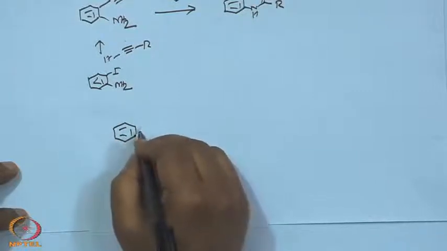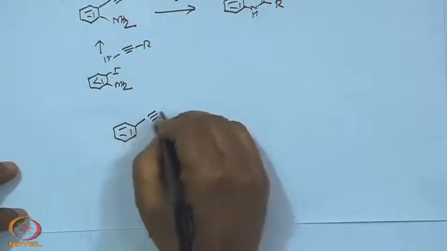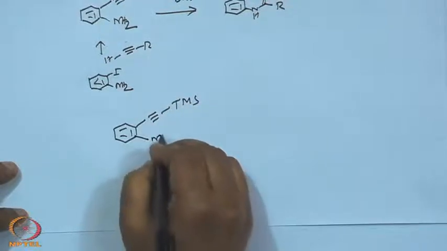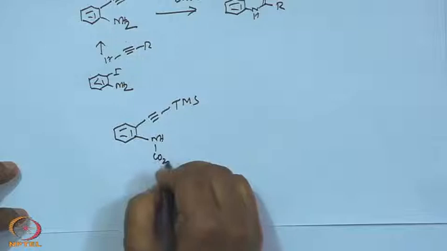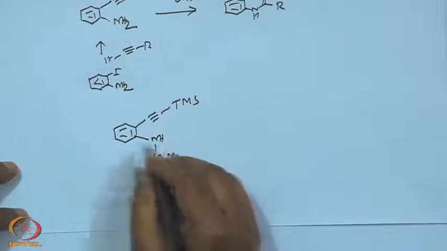I will tell you one example. You need to see how this alkyne can be converted to the corresponding indole derivative.